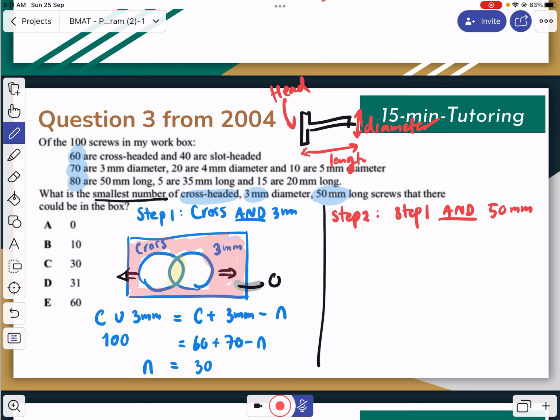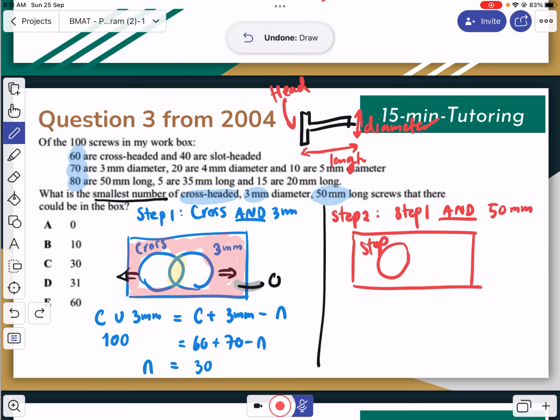So now, for the second step, it looks very similar to the process we did before in step 1. We have screws which pass the first step, step 1, and then we have the 50mm.